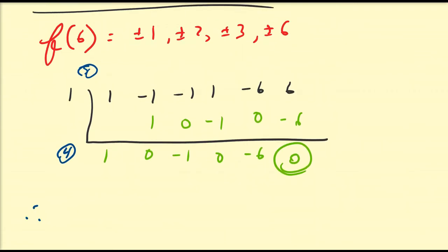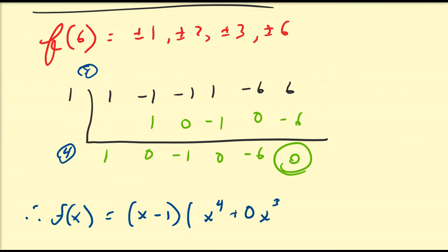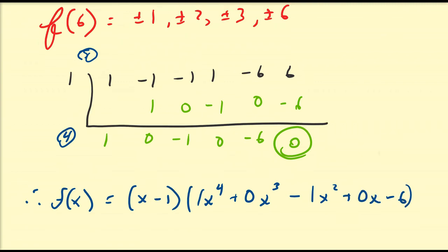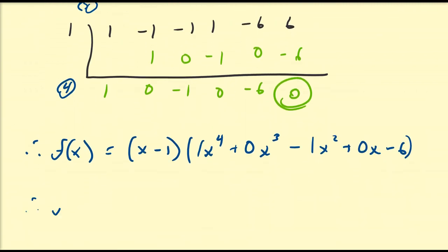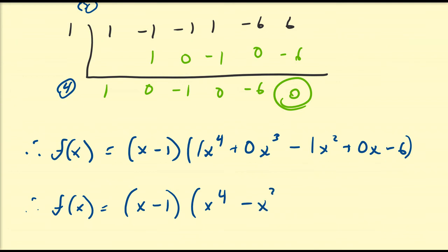That means our polynomial f of x factors into, if 1 is a zero, x minus 1 is a factor, and we have x to the fourth plus 0x cubed minus 1x squared plus 0x minus 6, or in more simplified terms, x minus 1, times x to the fourth minus x squared minus 6.